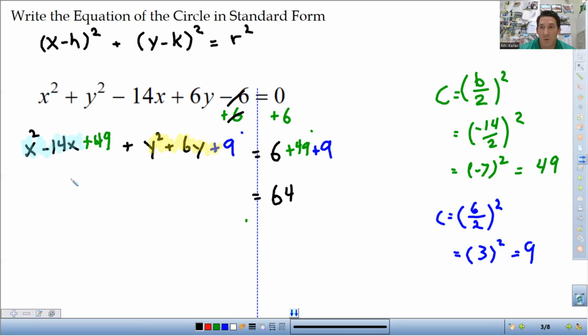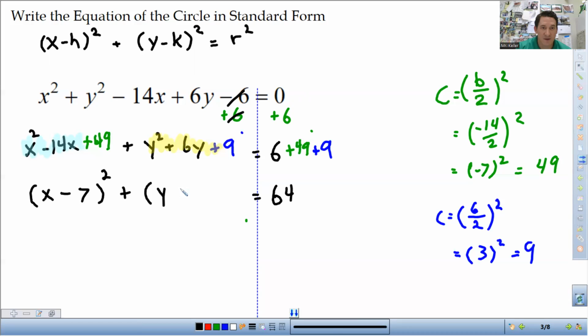Here, now we're going to factor. So remember, we made this a perfect square trinomial. So this is going to factor to x. Since it's minus here, it's going to be minus here, and it's half this term. So half 14 is 7. So (x minus 7) squared plus y.